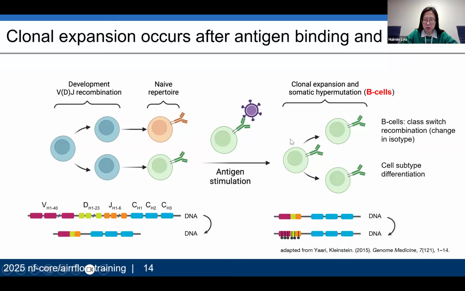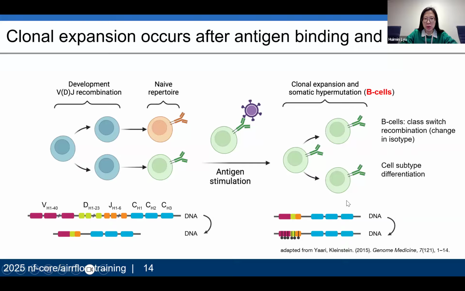But the sequences of the BCRs are not identical due to somatic hypermutation. Meanwhile, the B cell will undergo class switch recombination, that is, changing the C gene, changing the BCR type, and cell subtype differentiation. That is, some B cells will become memory B cells, and some B cells will differentiate into plasma cells.